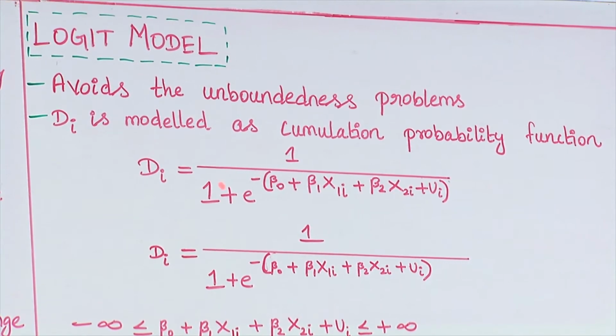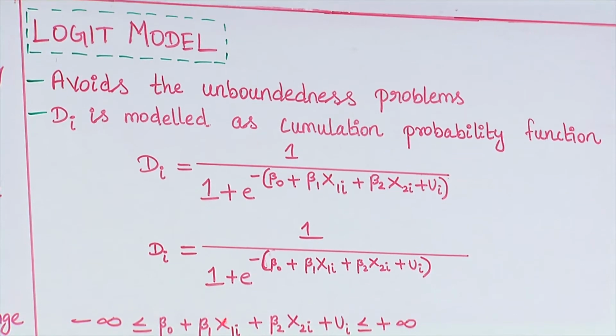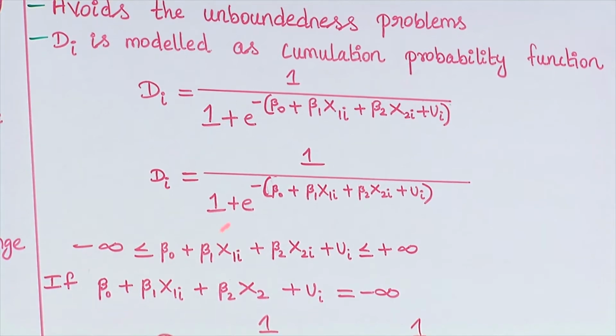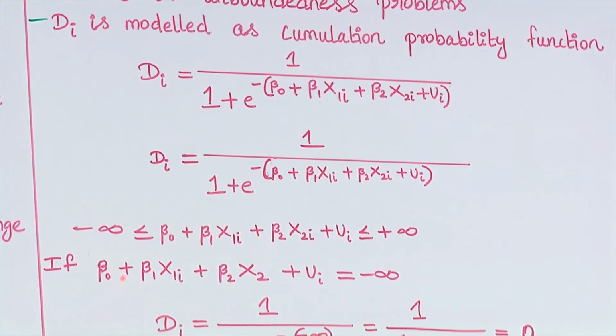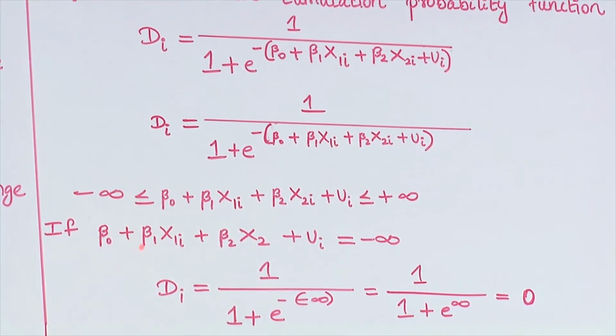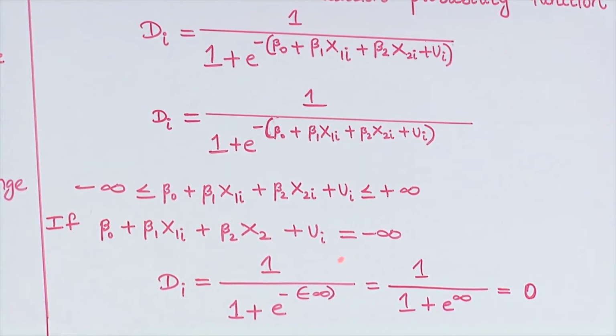So, this is the cumulative probability function, and it will lie between 0 and 1. How? If the linear function of the independent variables, beta 0 plus beta 1 x 1 i plus beta 2 x 2 i plus u i, is equal to minus infinity, actually it can take any value, there is no bound, it may vary between minus infinity to plus infinity theoretically.